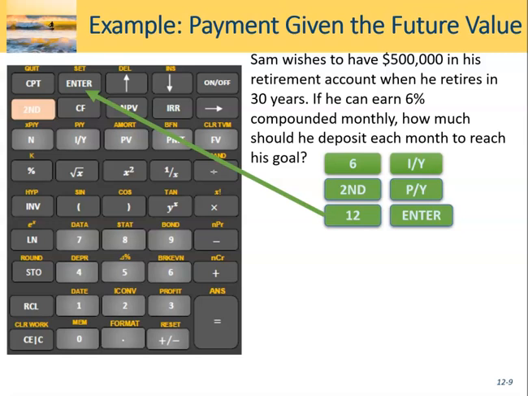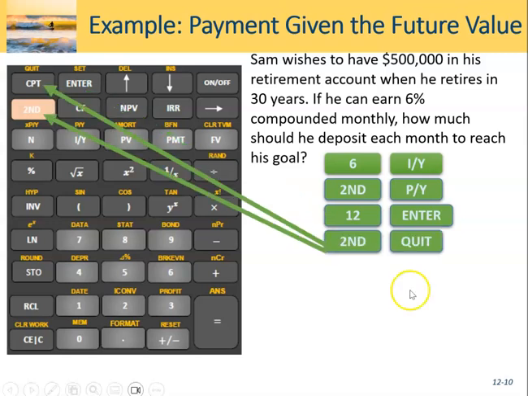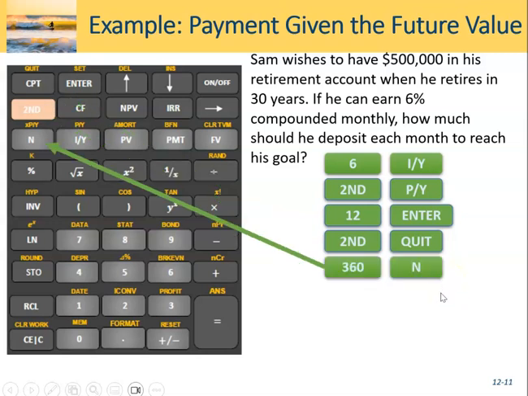If you want to have a look, please feel free to use the down arrow and you can see that your CY has also been changed to 12. Then second, and hit the CPT button to get second quit. That'll bring you back up to the main level in your calculator.